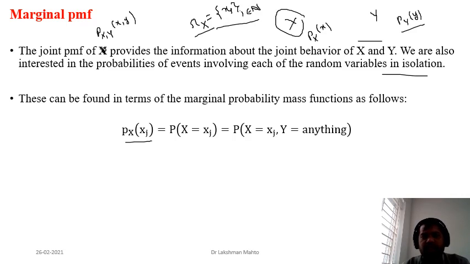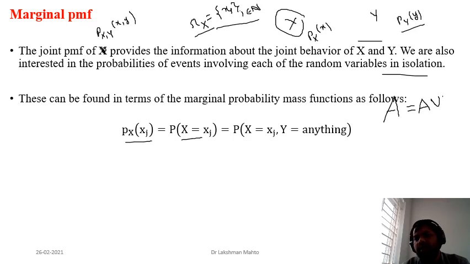So if you take x_j, how do we define the probability mass function for that x_j? It is the probability that the random variable X takes value x_j. Further, you can relate it like this: if you take an event A from the sample space, you can also represent it as A union anything from the sample space.